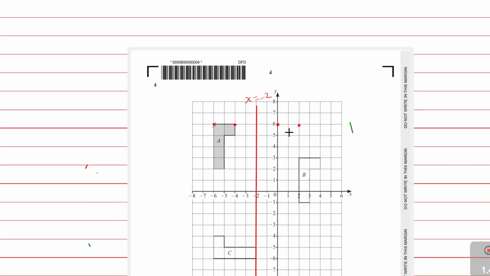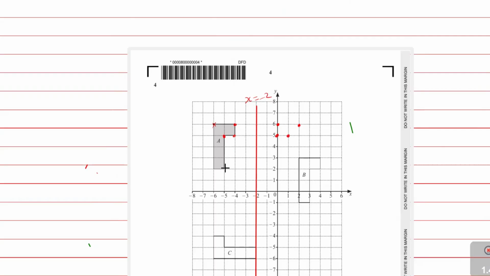This will be the second image point of shape A. Next point, this image will be at this position, and other object point, this is 1, 2, 3 units on left side. The image point will also be 3 units on right side.